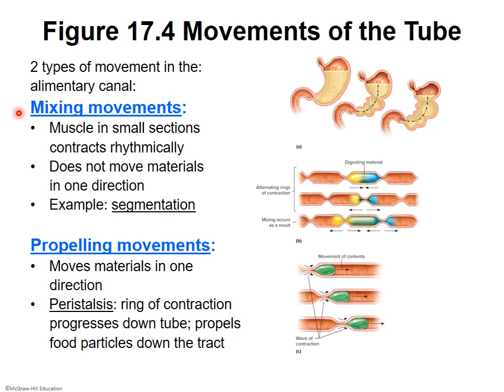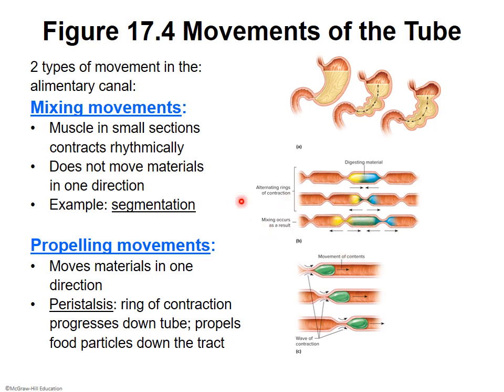Now, the one that is kind of new, but is a pretty important one, is called the mixing movements. The example is called segmentation. What happens here in segmentation, I've got the digested material, the things I'm trying to break down, and my muscle, especially in the small intestines, is going to constrict on either side of it, forming this little package. And then the muscle in here is going to basically knead this. So it's going to mix and twist and turn and push things back and forth.